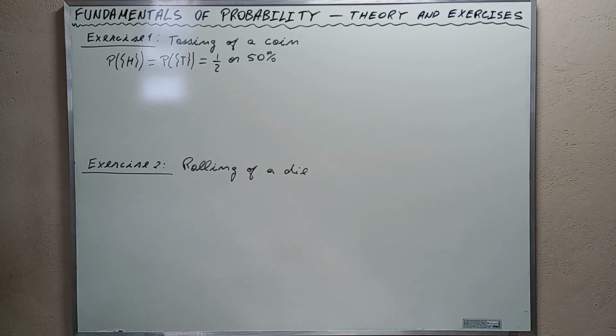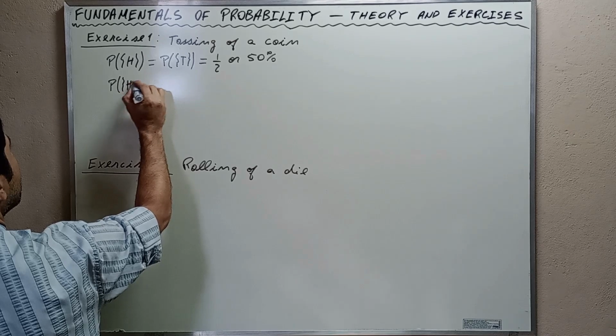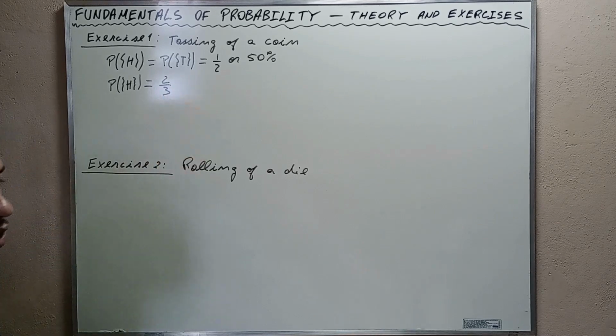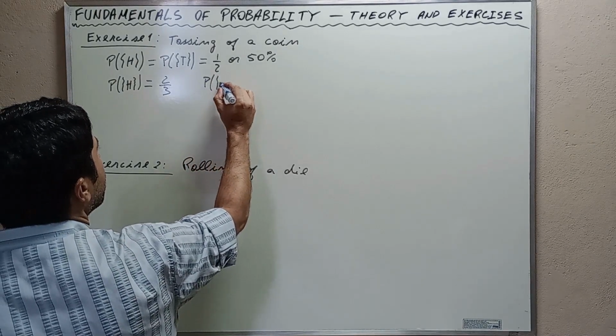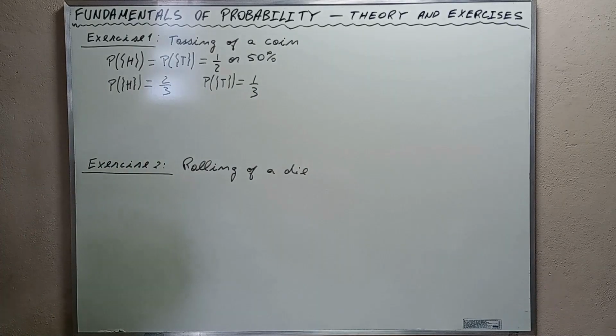On the other hand, if the coin is biased, that is not perfectly balanced, and if we feel that a head is twice as likely to appear as a tail, then the probability of a head will be equal to 2/3, because we are feeling that a head is twice as likely to appear as a tail, and then the probability of a tail is equal to 1/3.